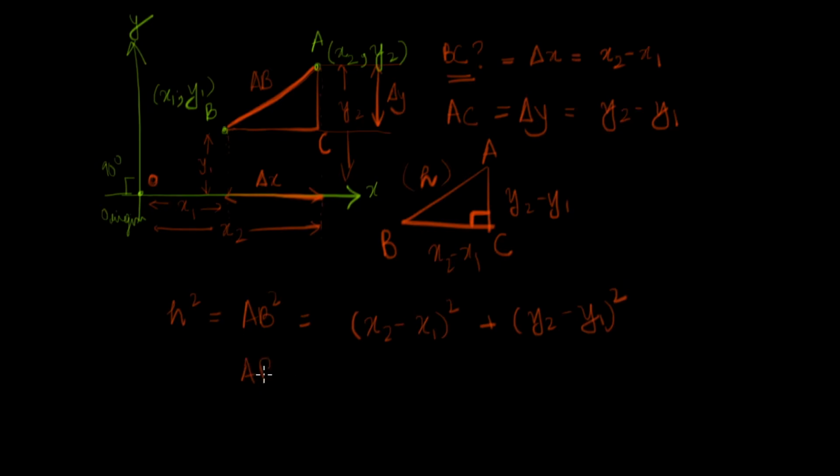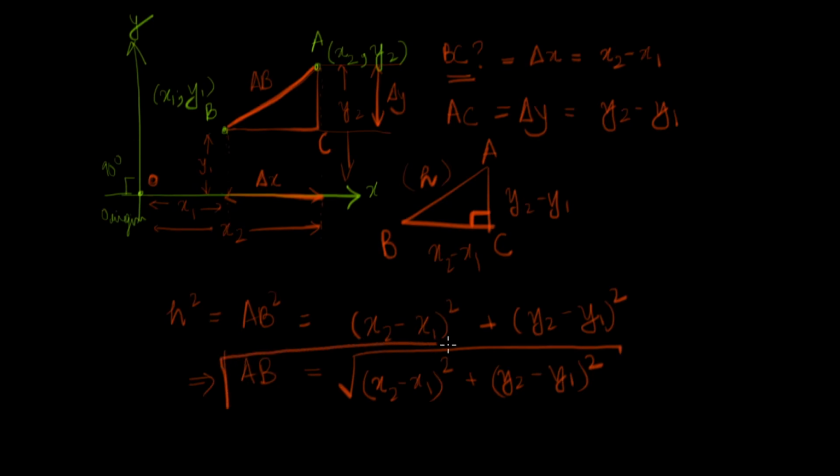Therefore, when we take the root of both sides, AB equals the square root of x2 minus x1 squared plus y2 minus y1 squared. Now, this gives us the description of the distance between 2 points whose x-coordinates are x2 and x1, and the y-coordinates are y2 and y1.